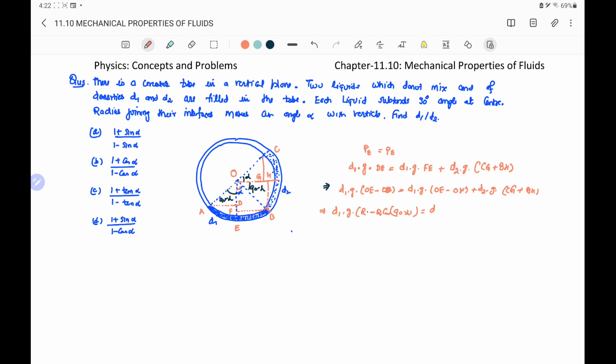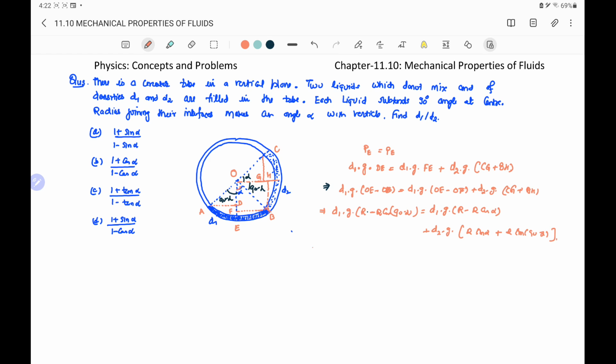That is equal to d1 into g into OE, which is R, minus OF, and OF is R cos alpha, plus d2 into g into CG, and CG is R sin alpha, plus BH, and BH will be equal to R sin 90 minus alpha.